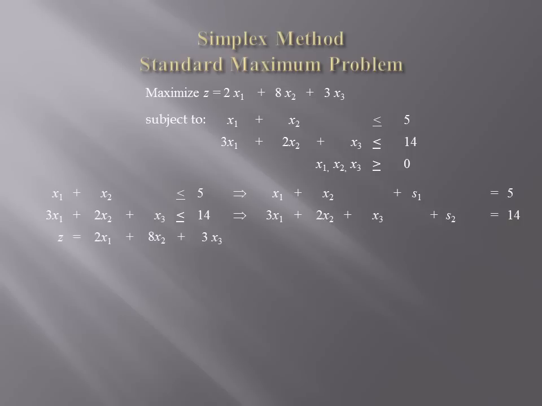What we're going to do is transpose all the x's on the right side of the equation and bring them over to the left side. The z equation now reads negative 2x1 minus 8x2 minus 3x3 plus z equals 0. It's very important that you make the change in the z equation in this way. The x's must all be brought over to the left side of the equation through subtraction.